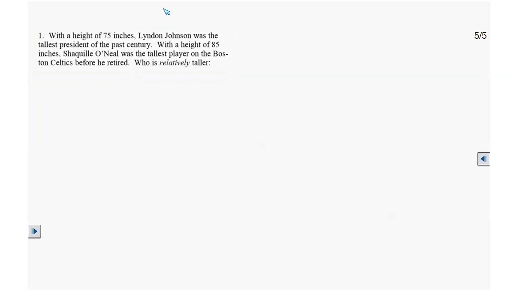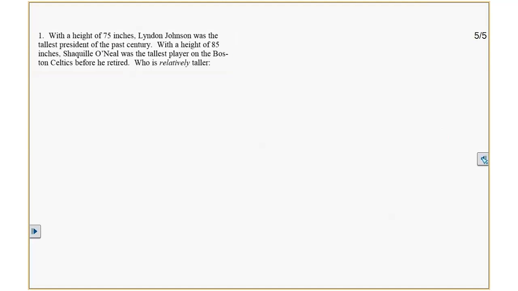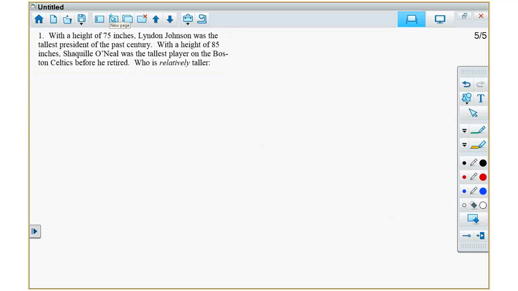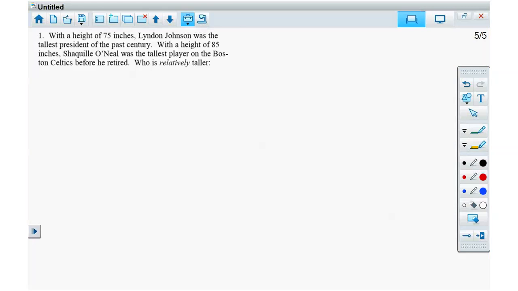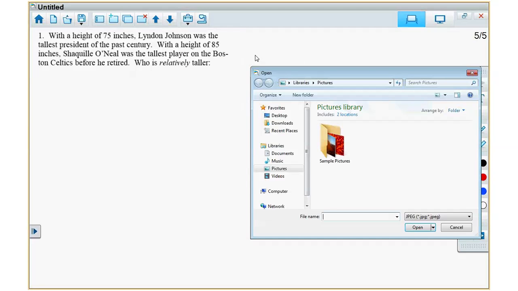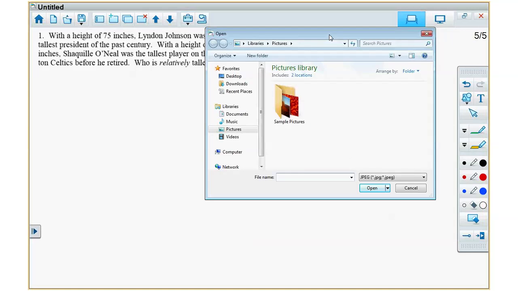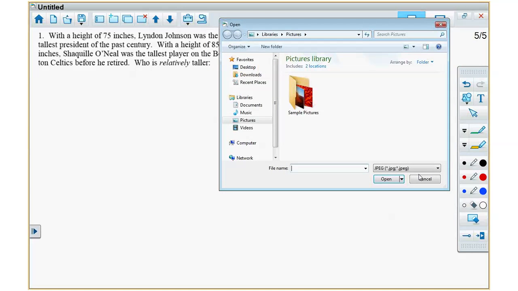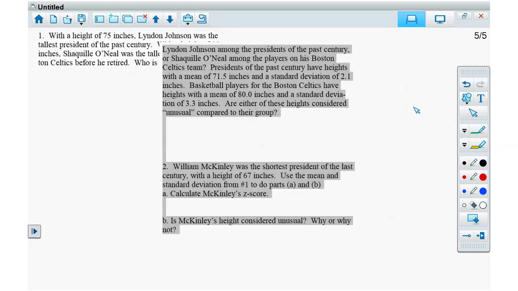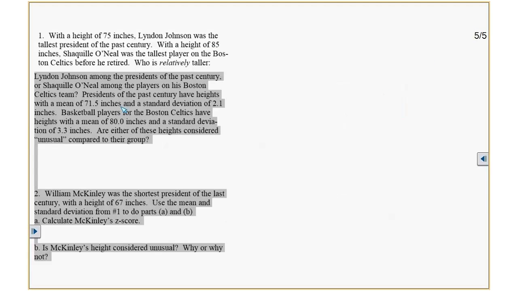Of course, any inbred redneck could tell you that Shaq is taller. But it's not asking who is taller. It's asking who is relatively taller. Now, what does that mean? Relatively is basically, really, I can't believe I highlighted that and it took it.